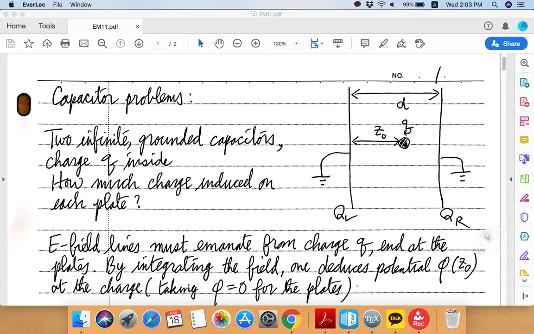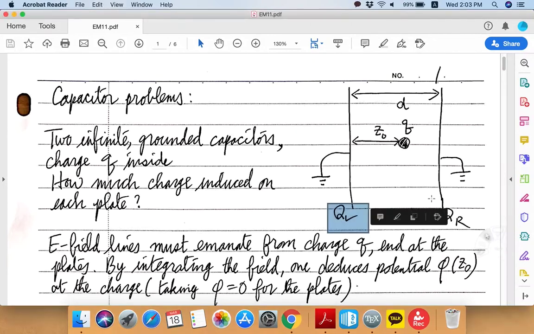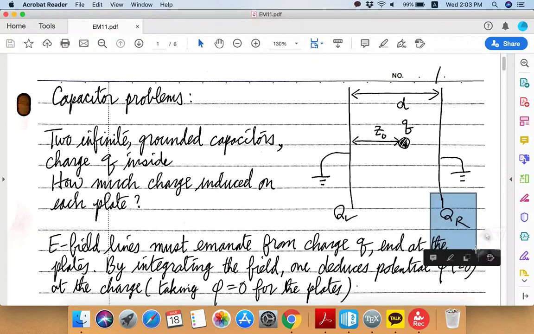Now, this charge Q will probably induce some charges on both of the plates, denoted by QL and QR. And the question is just exactly how much charge is going to get induced on each plate.